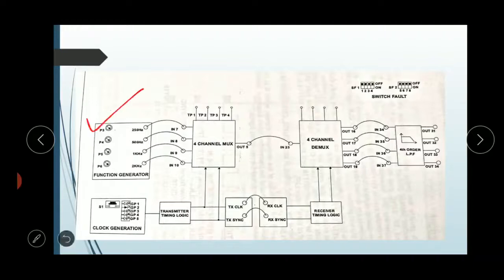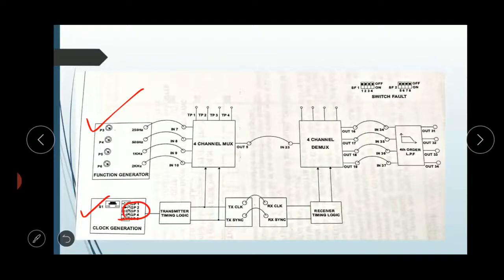The 4 signals are generated by the function generator, and the clock generator generates the clock signal that is given here for the 4 channels. Here we have to set the clock generation to group 2, that is GP2. Here it is showing GP2. We have to set the LED to GP2.